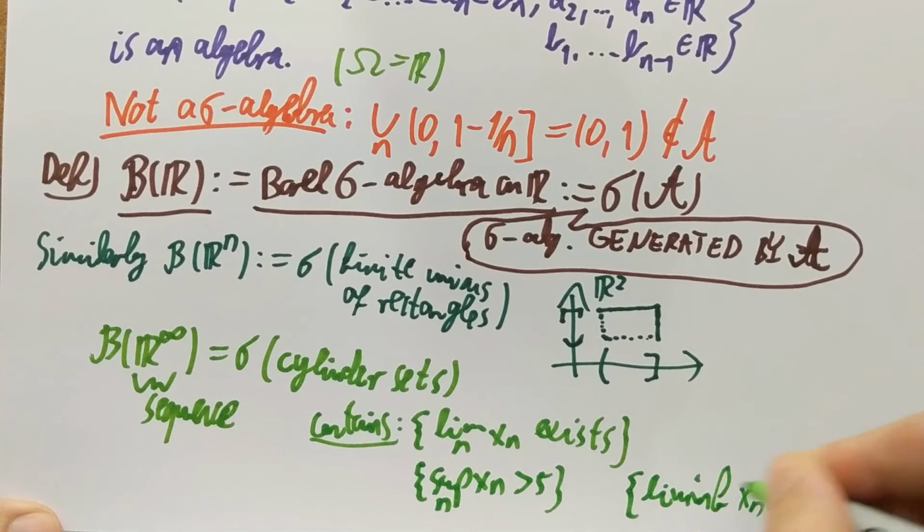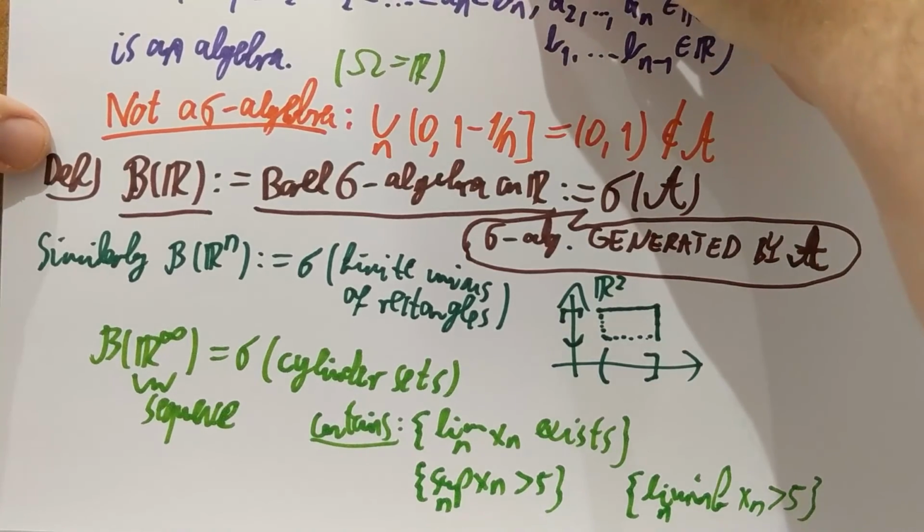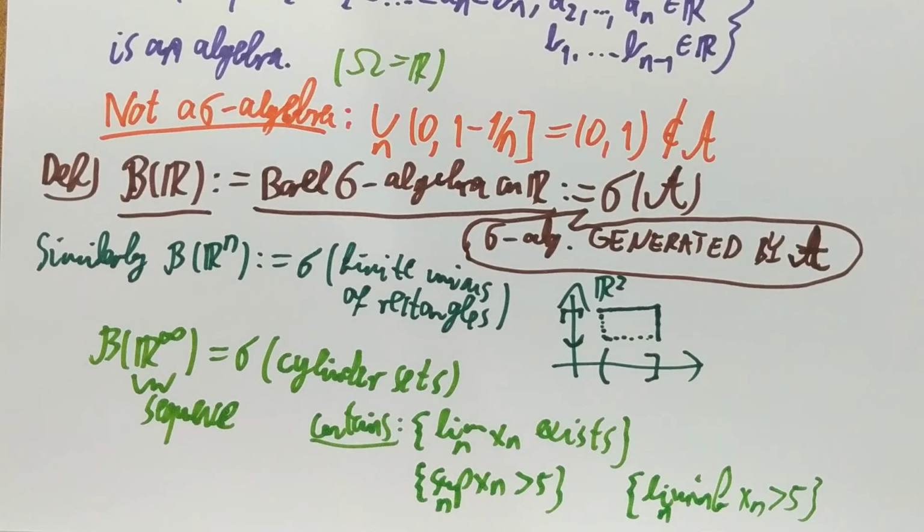So again, practically anything you can imagine, without going into much detail. Almost anything that comes up in everyday life is actually going to be measurable according to this sigma algebra. Okay? And then you can actually go further than this.